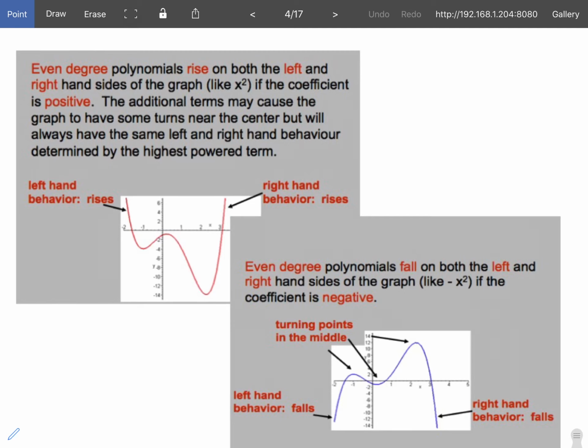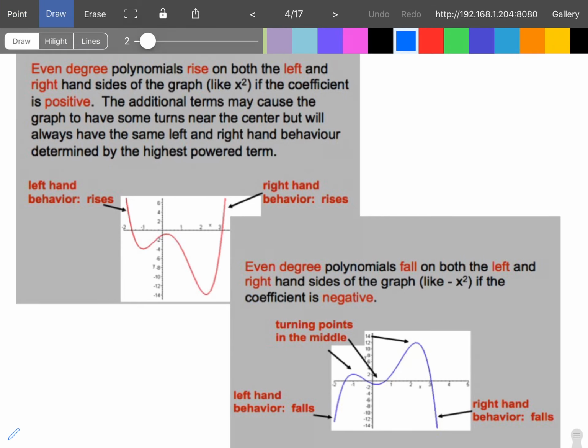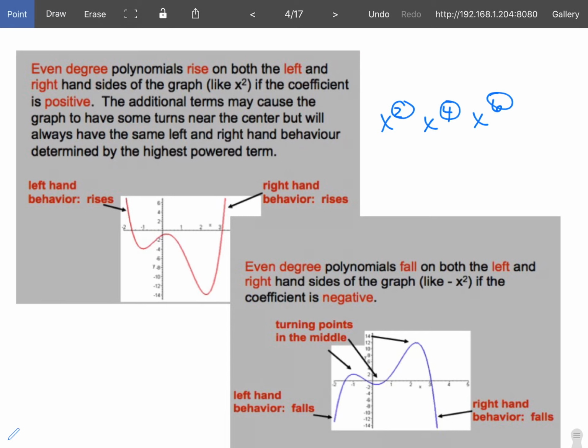Basically, if we have an even degree, let's say that our degree is x squared, or x to the 4th, or x to the 6th, then what that means is the left hand behavior and the right hand behavior will both be going in the same direction. They'll either both be going up, like this graph, or they'll both be going down, like this graph down here.